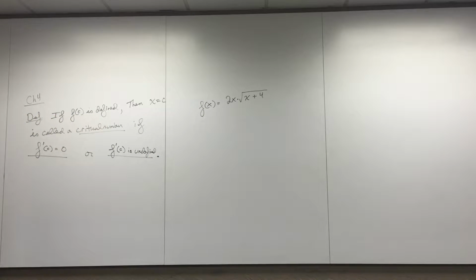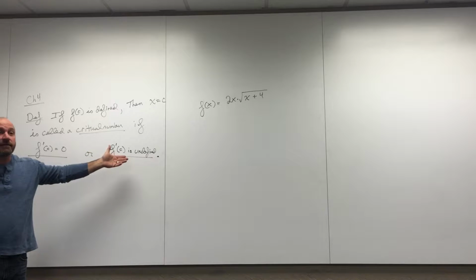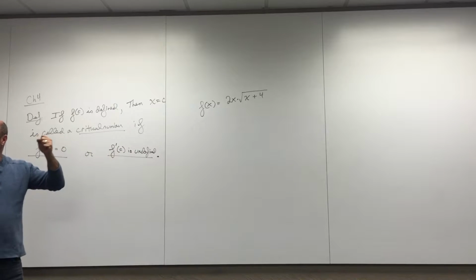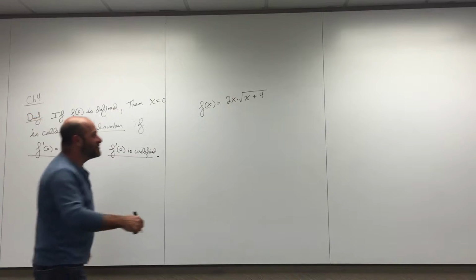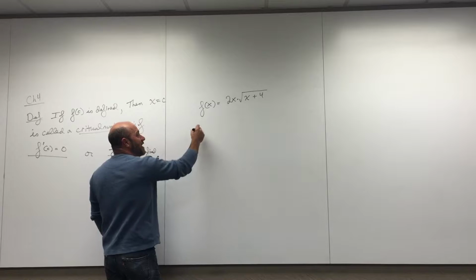How do I find critical numbers? I take the derivative and pay attention to what this definition says. I should take a derivative and ask myself these two questions: when is it 0? When is it undefined? So I get to practice more derivatives through chapter 4, in case chapter 3 didn't serve you well enough.